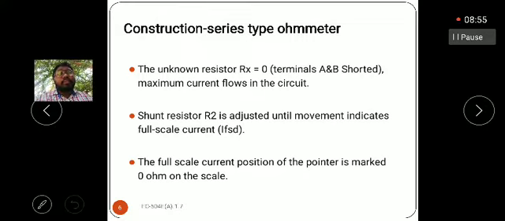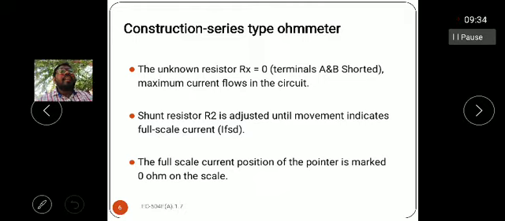The shunt resistor R2 is adjusted until the movement indicates the full scale current. The main intention of R2 is to adjust the full scale current. The full scale current position of the pointer is marked as 0 ohms on the scale.